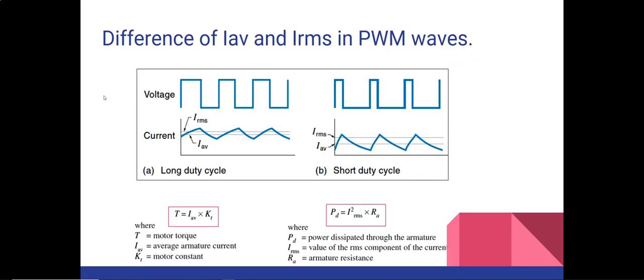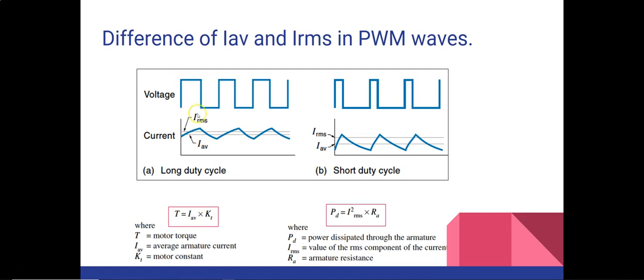Now see next. Here you see the pulse width modulation input voltage and current waveforms for 2 different duty cycles. This one is for the long duty cycle and this one is for the short duty cycle. If you notice, the current follows the voltage waveform, but due to the inductance of the motor, it restricts the current from changing very fast, which you can observe from the current waveform.